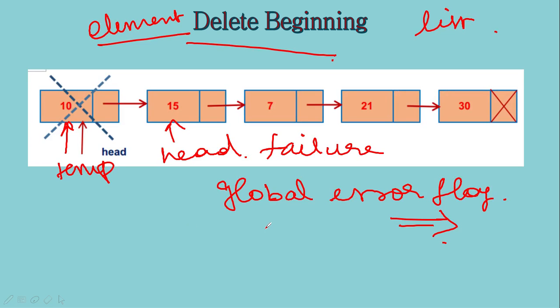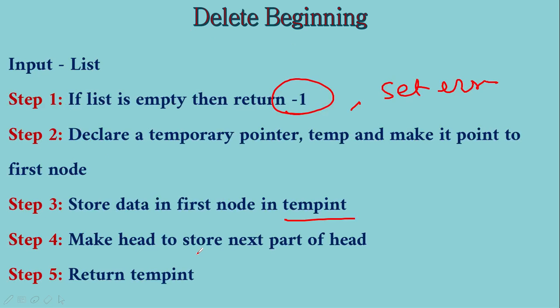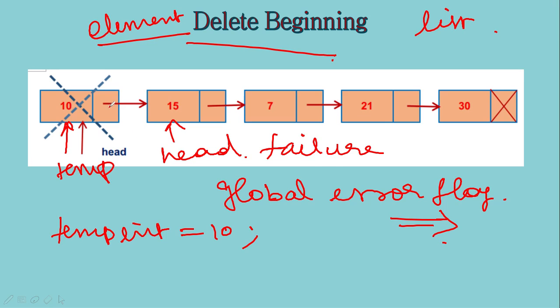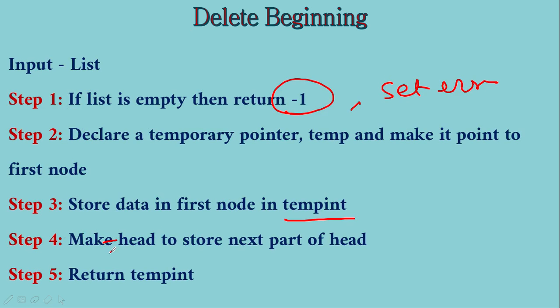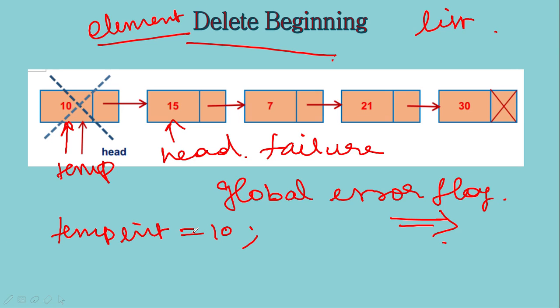In temp int I will store 10, whatever value was here, and then make head store the next part of head. Now your head should move next, right? So head is equal to head next, that's what you have to tell. That's what is said by the algorithm. Make head store the next part of the head and return temp int, right? This is the algorithm.